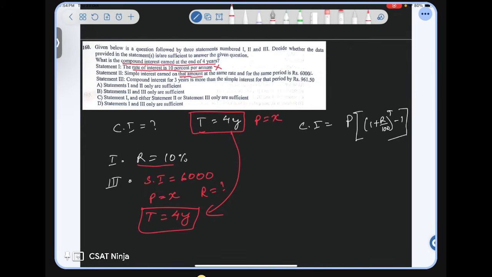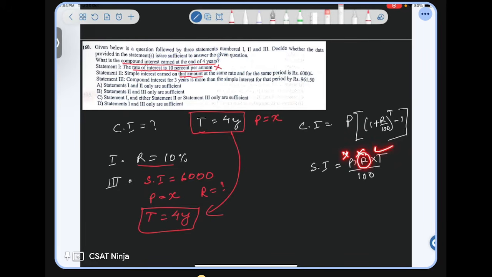Okay. Next is, can I get the value here? The simple interest formula was what? Simple interest formula is principal into rate of interest into time divided by 100. You look here carefully. Even here, I know simple interest. I don't know the principal. I don't know the rate of interest. I know time here.